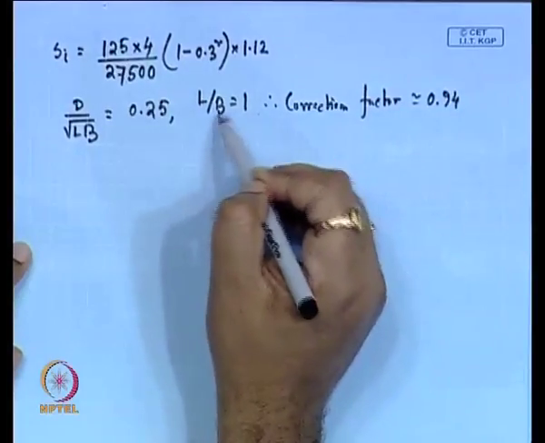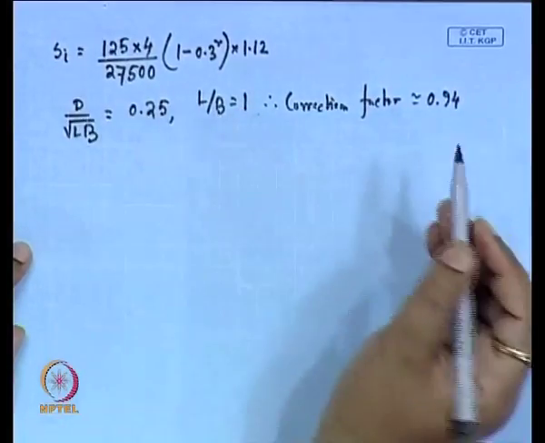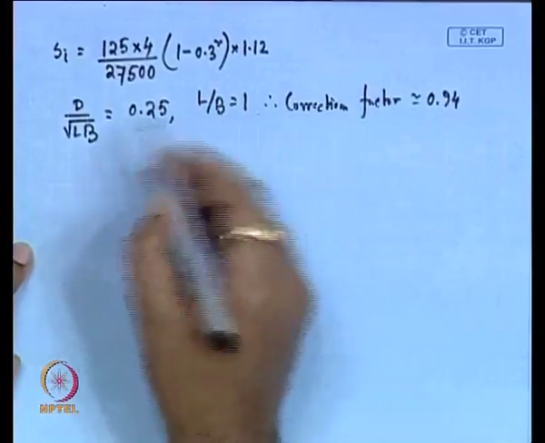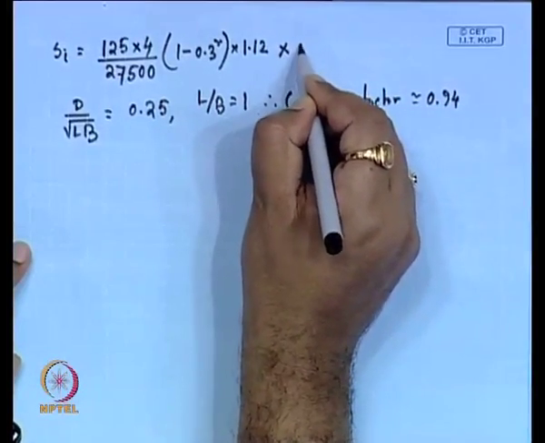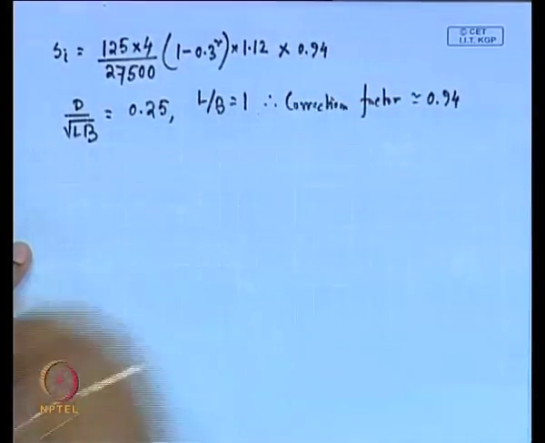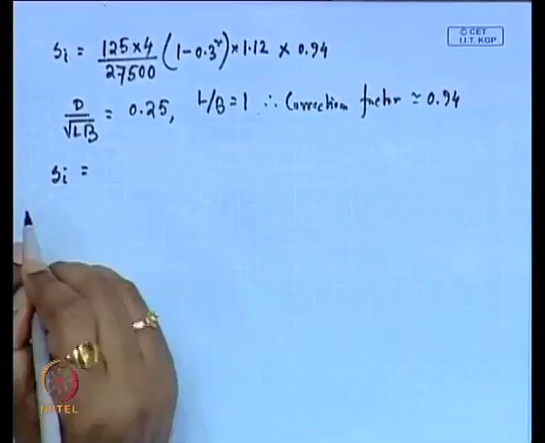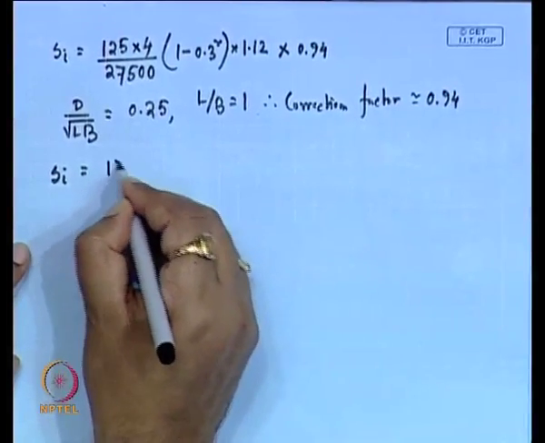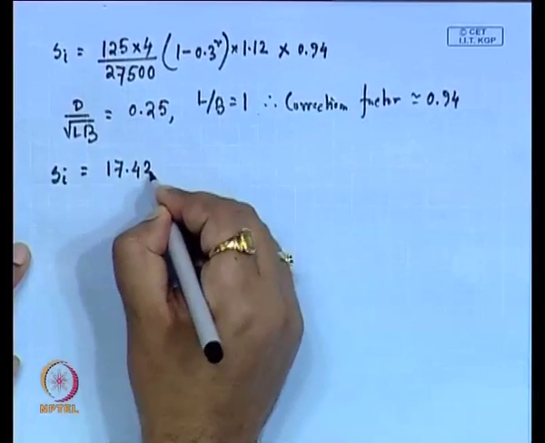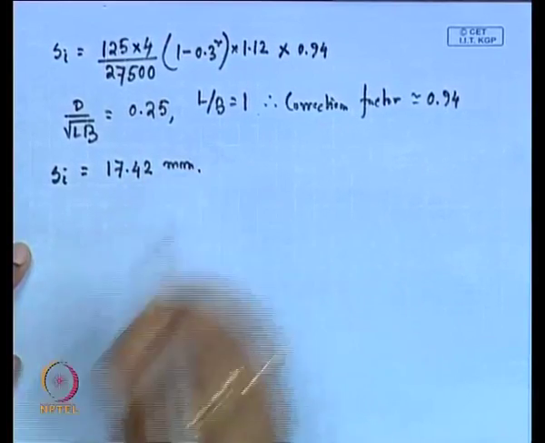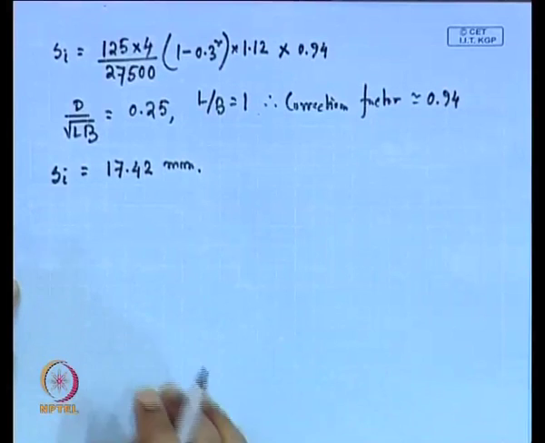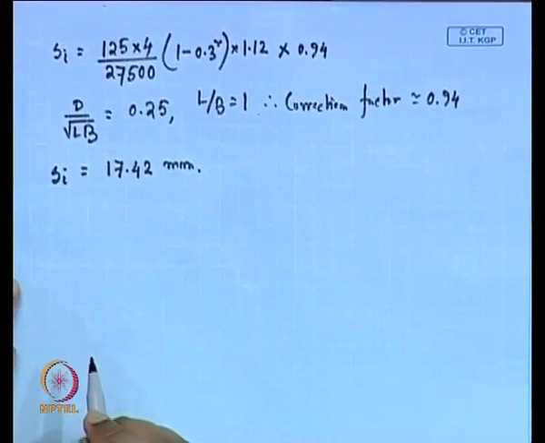If L by b equal to 1 and d this value 0.25, we will get 0.94. So, now we have to multiply by 0.94 to get the corrected value. So, S I immediate corrected is 17.42 millimeter. So, this is the settlement by using the elastic theory approach.